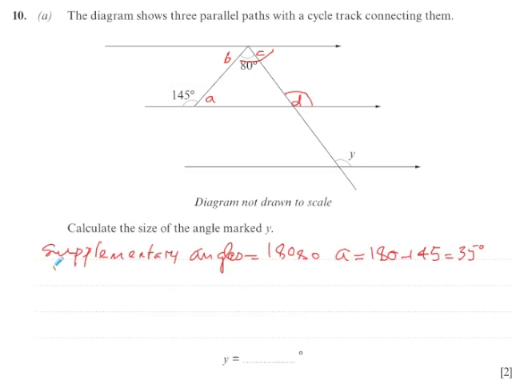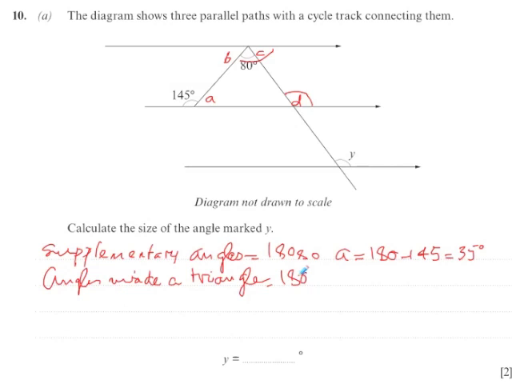Okay, angles inside a triangle equal 180 degrees.